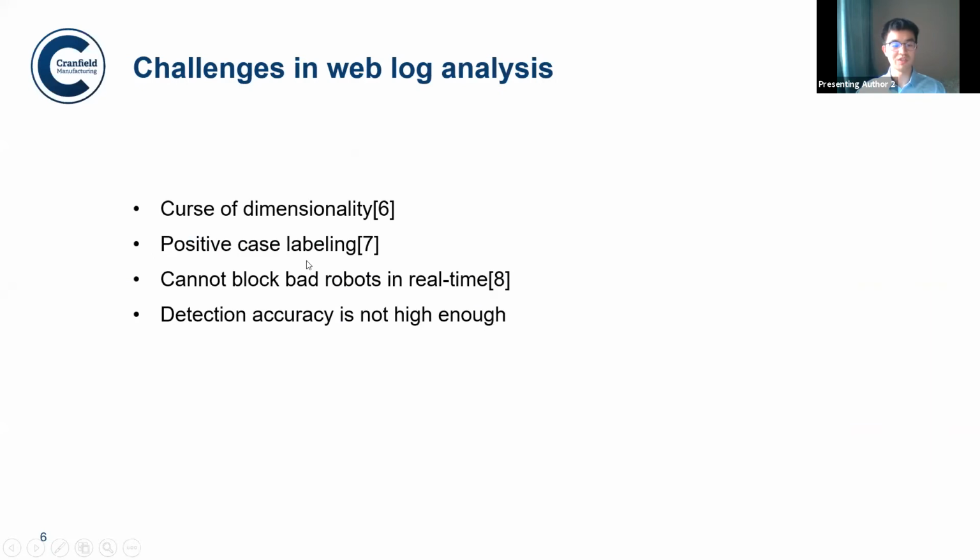The third challenge is that they could not detect and block bad robots in real time. The last challenge is accuracy. This is also a very important motivation for researchers. Of course, we hope to achieve an accuracy of 100%. Now we have looked at the first theme. Let's move on to the second one, the honeypot.